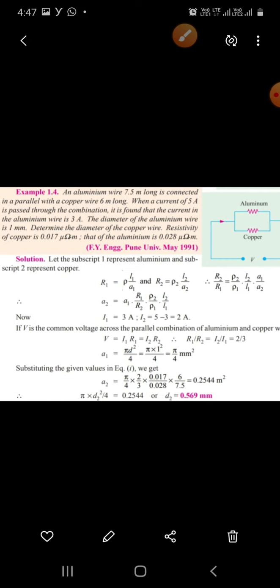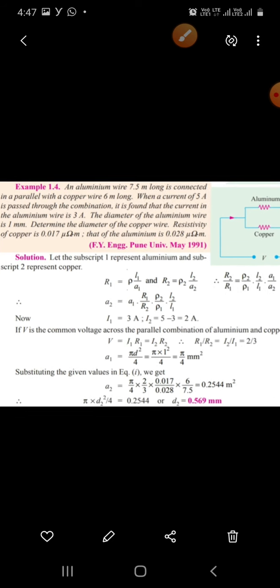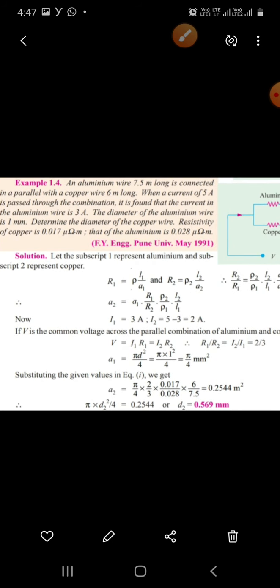I want to discuss another question. I want to talk about another numerical. So here the question is, an aluminum wire 7.5 meter long is connected in parallel with a copper wire 6 meter long.